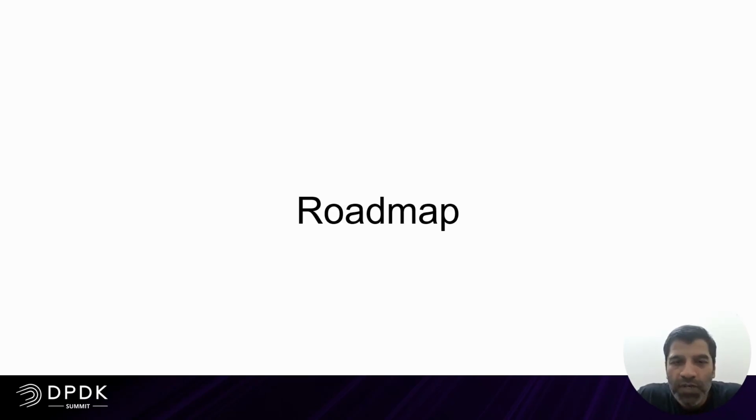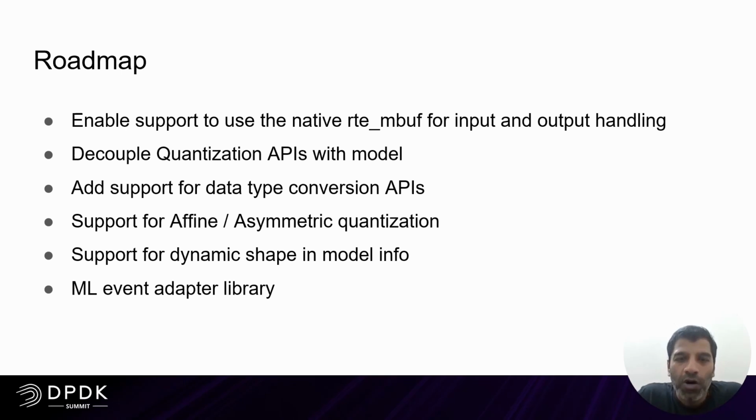I would like to conclude my presentation with the future roadmap that we have planned for the DPDK MLDEV specification. In order to enhance the ML device specification and also to tightly integrate it with the rest of DPDK, we would like to use the rte_mbuf for input and output buffer handling. We also want to decouple the quantization and dequantization APIs from the model ID and add support for data type conversion APIs.